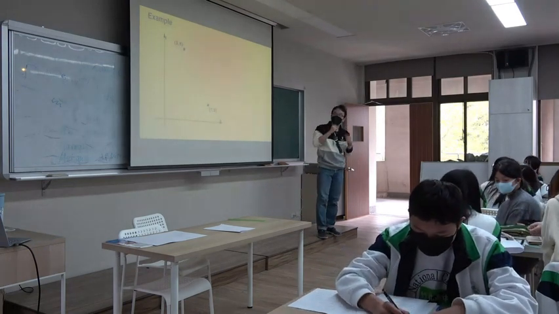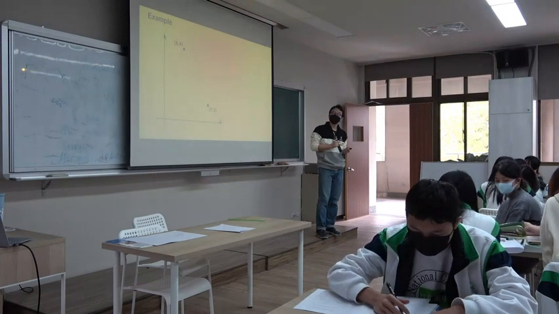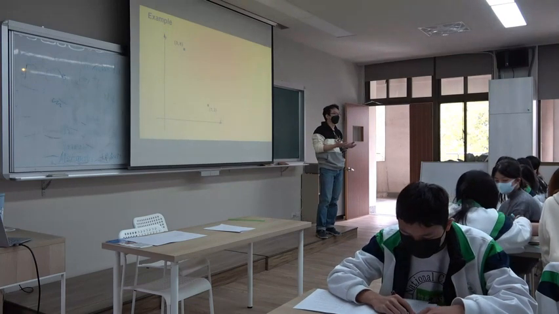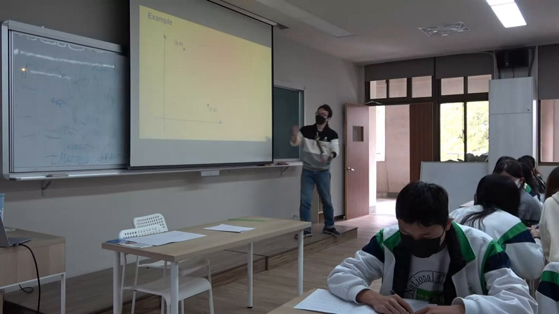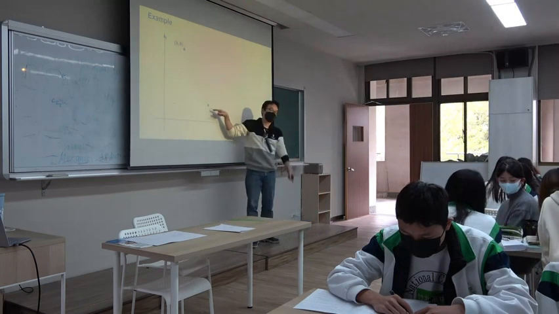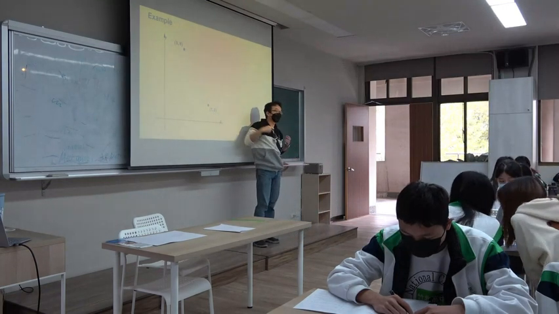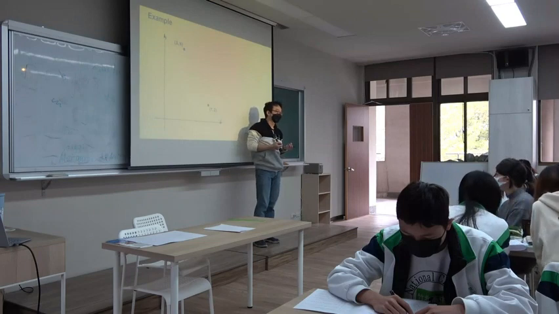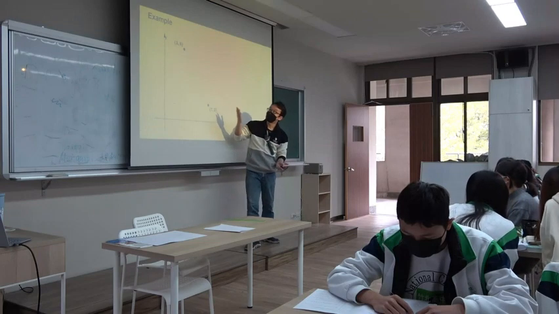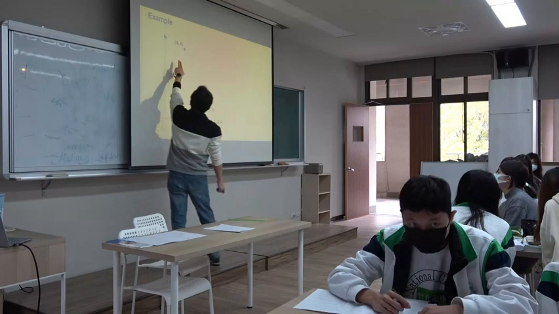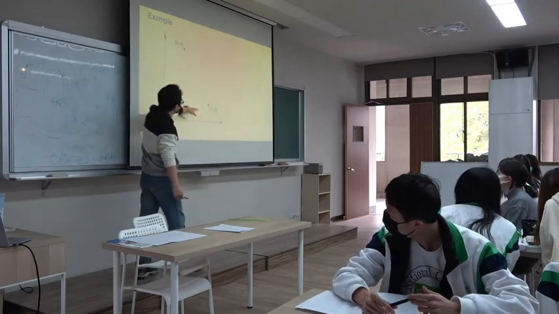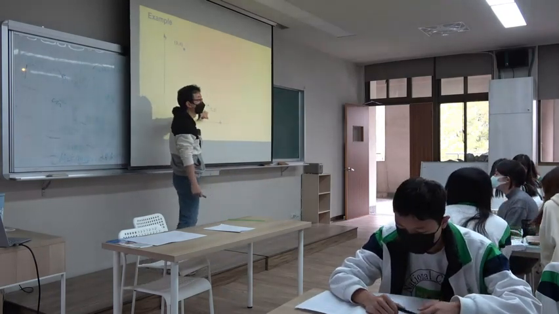And by using this theory, we can find the distance between two points in the coordinate plane. In this case, we have one point, (3, 8), and (7, 2).